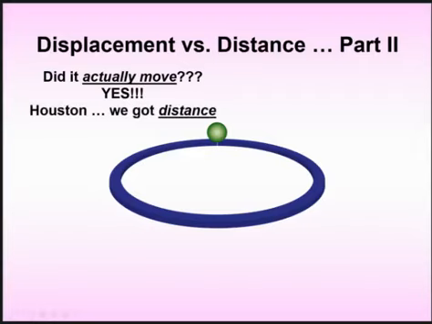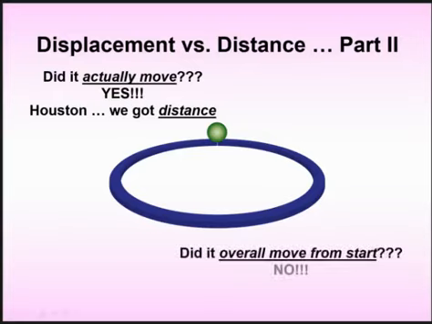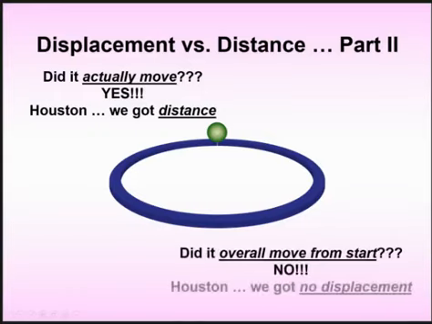Houston, we got distance. Go ahead, just write that down. How can you prove to me that it did not have displacement, or I should say overall displacement? Apparently, it went back from the same di to the same df. Guess what? You go back to the same position. You have zero or no displacement. Go for it. That's the last slide you have for this one.